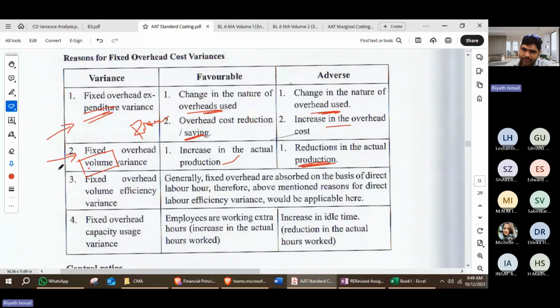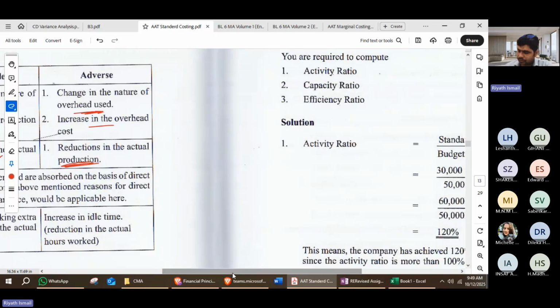Then at this moment, I want to re-emphasize the behavior of the cost. So there are variable cost and fixed cost.